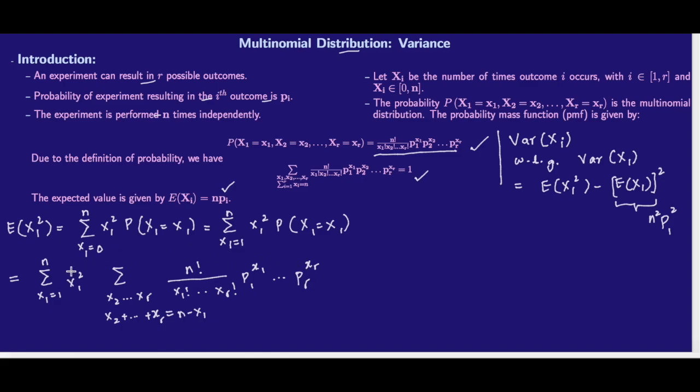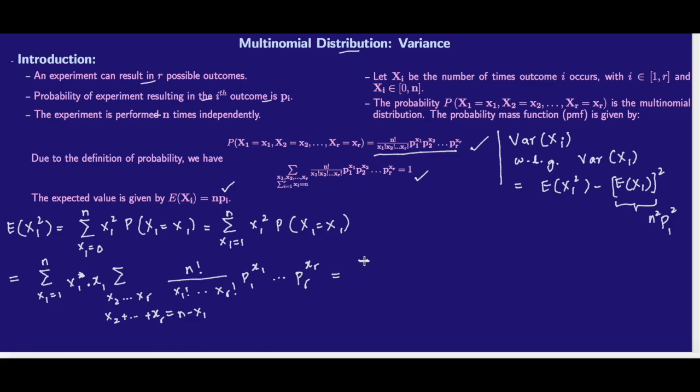Now what I'm going to do is write x1 squared as x1 times x1. Now I'm going to combine one x1 with this x1 factorial.